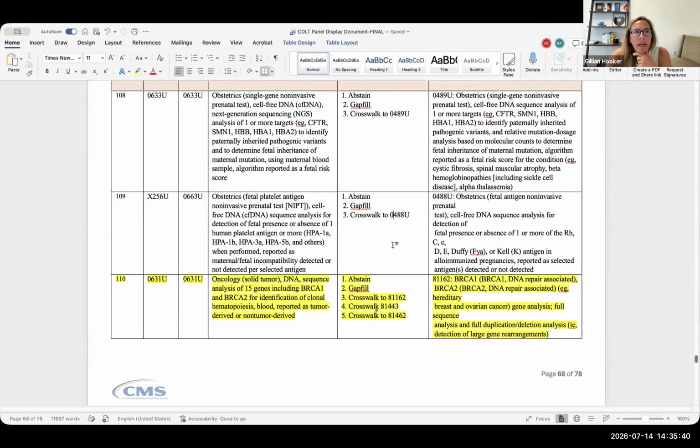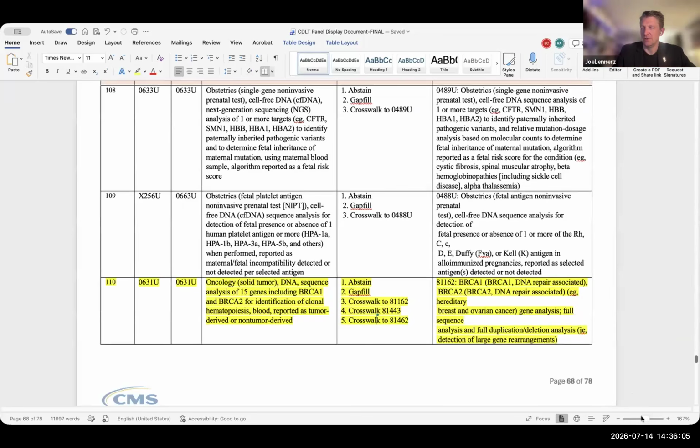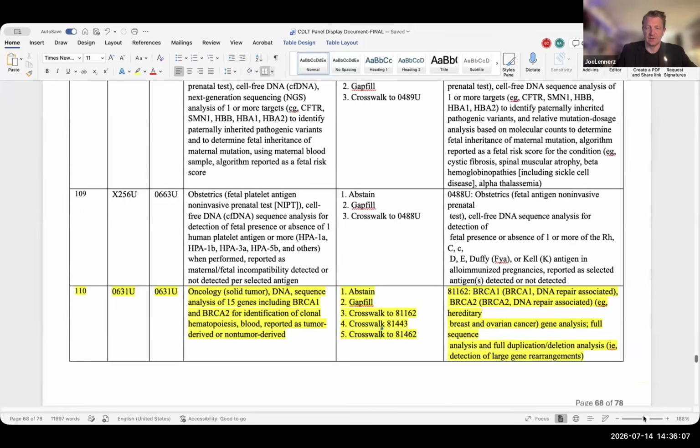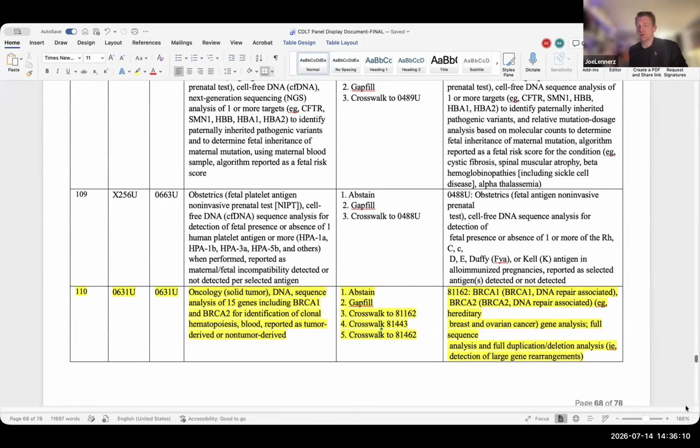Yep. Am I correct in understanding that this is a combination of cell-free DNA, like plasma-derived cell-free DNA in the test? It's not actually looking at the tumor tissue, right? And then also looking at leukocyte DNA, is that right? So as I think Chris mentioned, it is classified as an oncology solid tumor, but in reality it is detecting CHIP, clonal hematopoiesis of indeterminate potential.